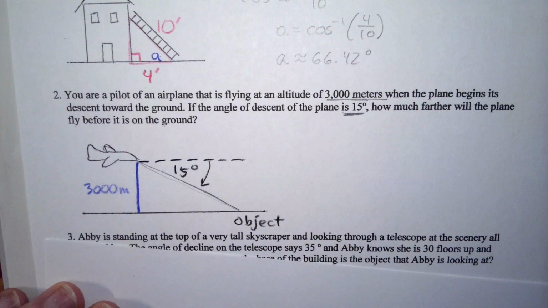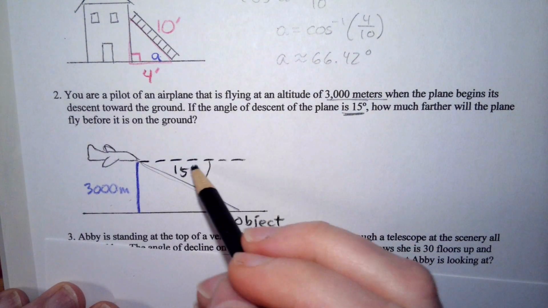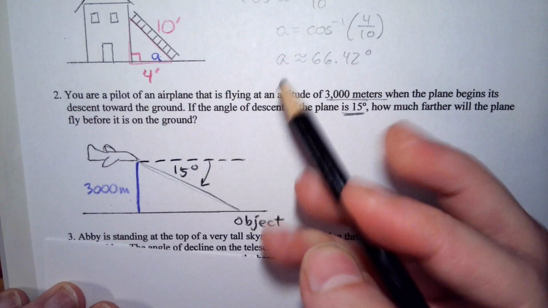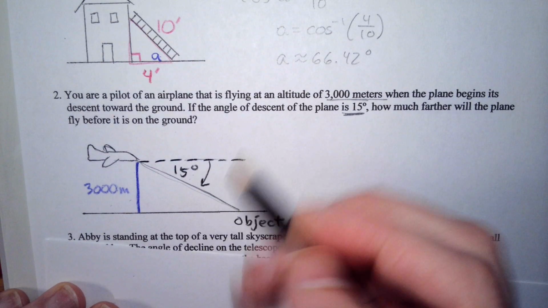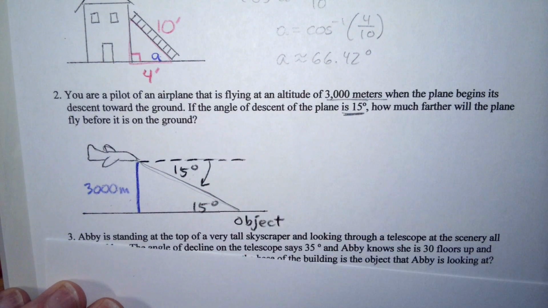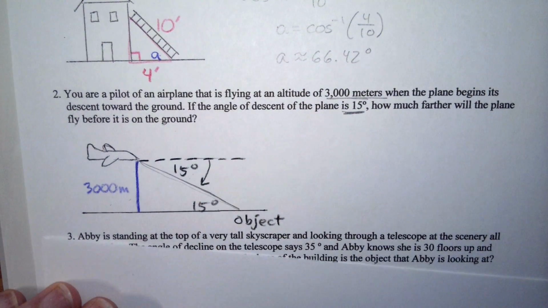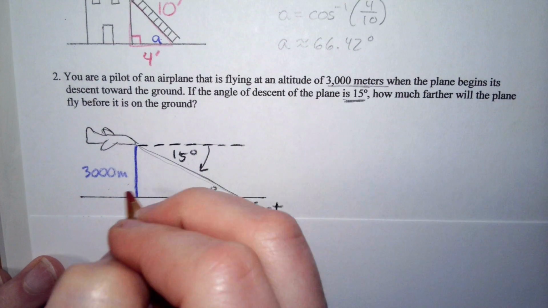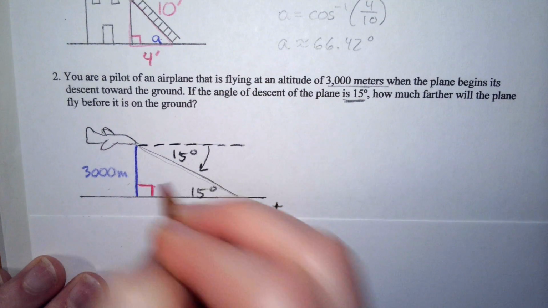So we got 3,000 meters, I got 15 degrees. Now the 15 is not inside of the triangle, so I'm going to use the idea of alternate interior angles and put the 15 degrees in here. Now, hopefully you're saying, Mr. Roeder, you're missing something in your triangle. And you're right, I forgot the right angle. So make sure you put the right angle in there.